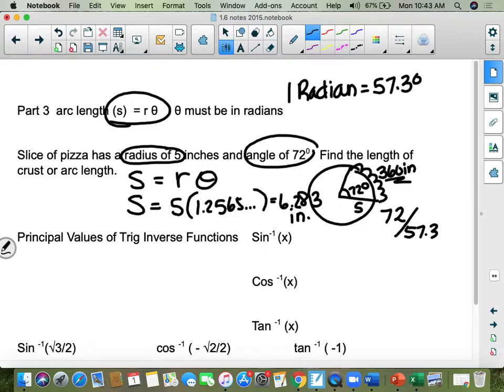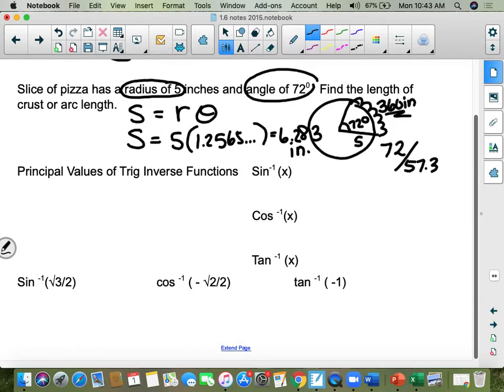Okay. Now we're going to go the opposite direction that you learned. This little -1 means you have to find the angle given the fraction. We're going to deal with the principal values of a trig inverse. The sine inverse, remember the principal values that you learned in chapter 6, section 8.